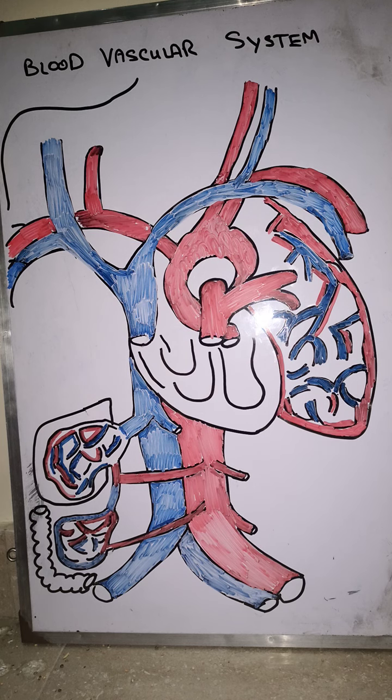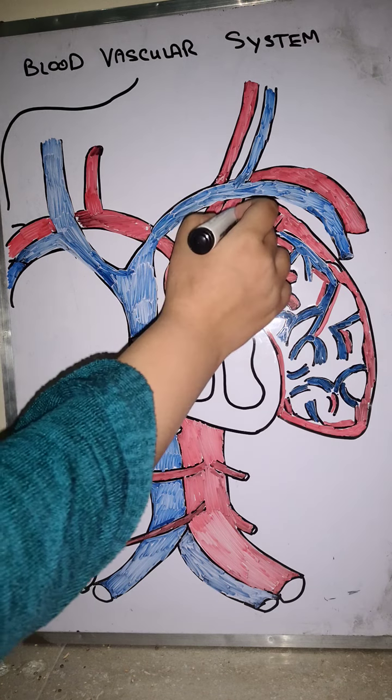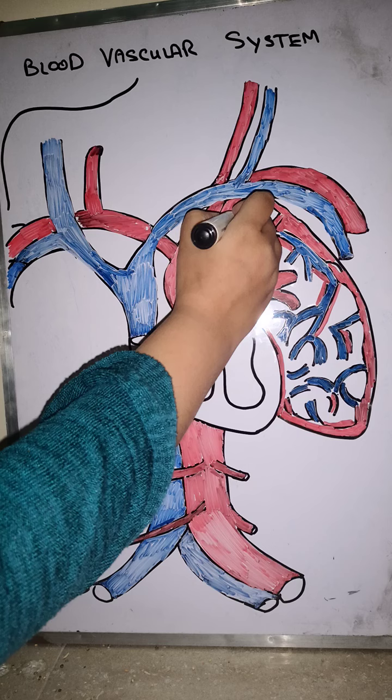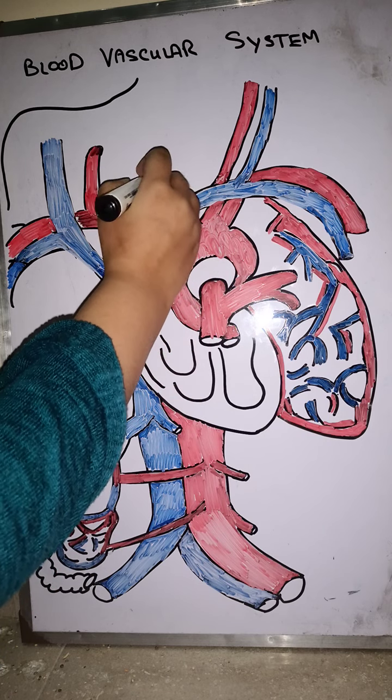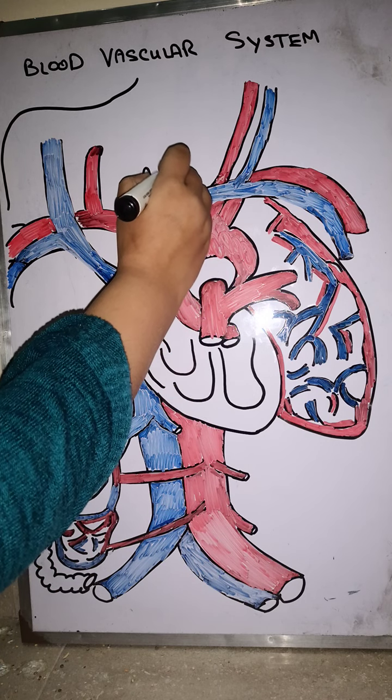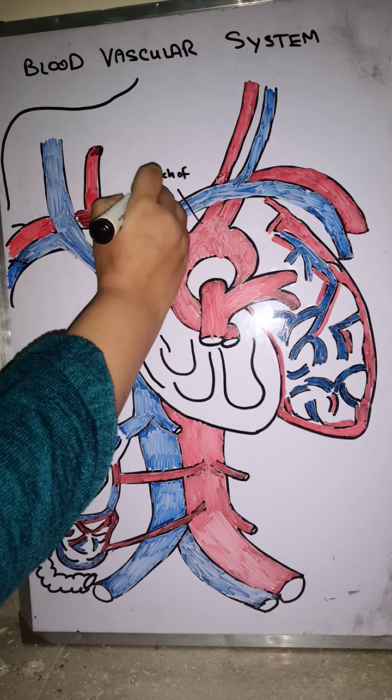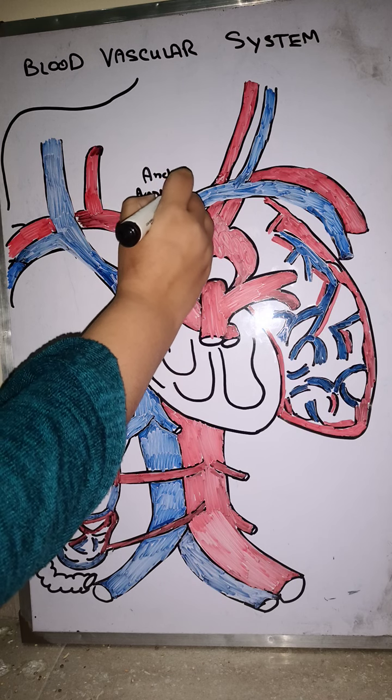So one by one, let us label the diagram so we can understand it properly. As we know, the largest artery of our body is the aorta. This is the arch of aorta.